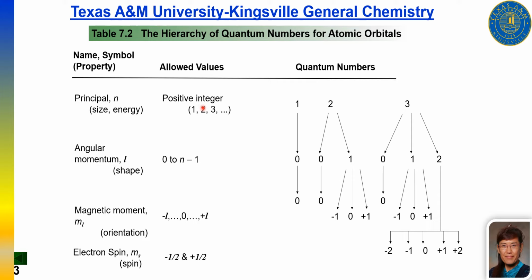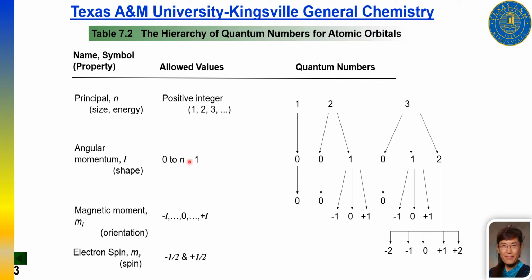The second quantum number is called the angular momentum quantum number. You use a lowercase l to denote it. It represents the shape of your orbital. This value l can range from 0 to n minus 1, which means your l is always one smaller than n.